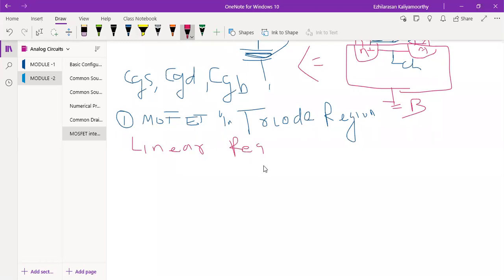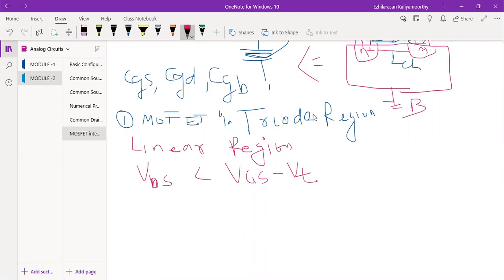Triode region means linear region. So what is the condition for the linear region? VGS must be greater than VT, and VDS must be less than VGS minus VT. Then this MOSFET will work in the linear region.